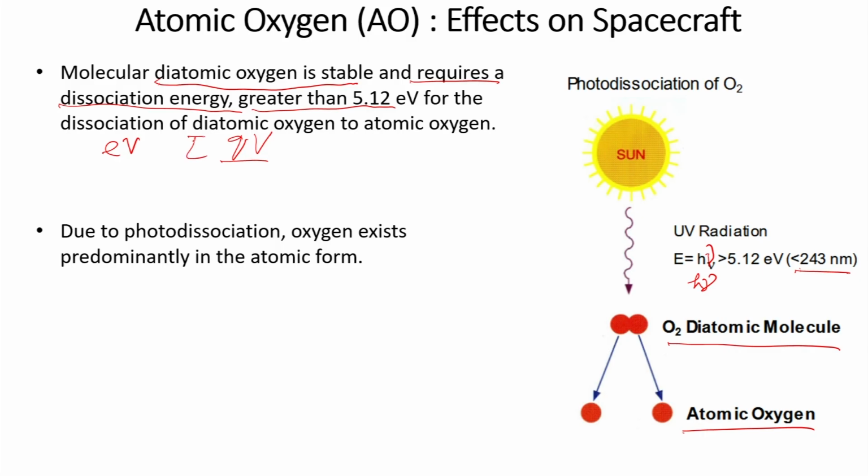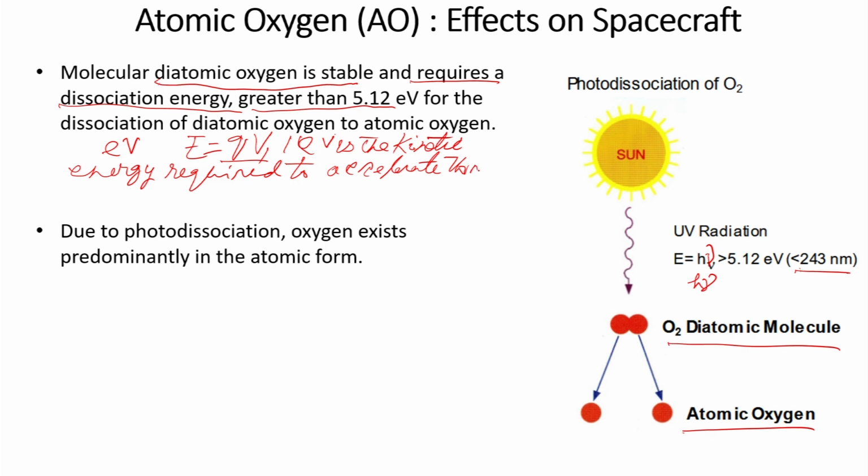So, 1 electron volt is the kinetic energy required to accelerate an electron through a potential difference of 1 volt.